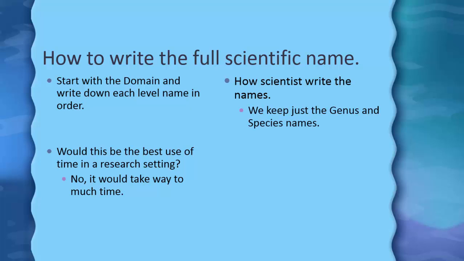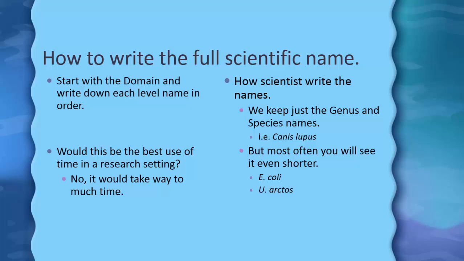Well, normally we just break it down to just genus and species, i.e. Canis lupus. But most often you see it written even shorter because scientists love shorthand. That's where you get E. coli, which is a bacteria, and U. arctos, which is the brown bear. In that case you keep the first letter of the genus and you write the full species name.